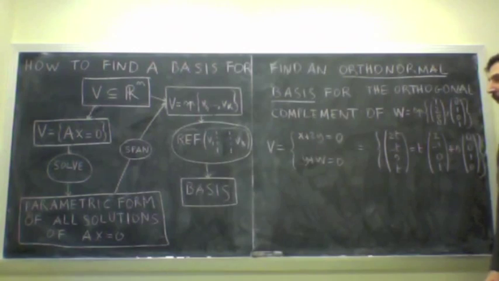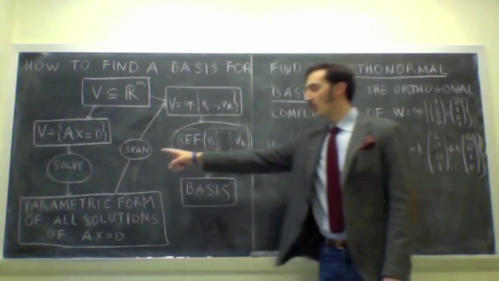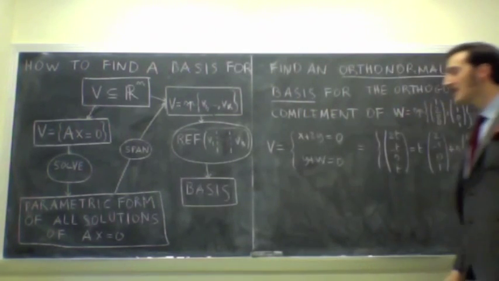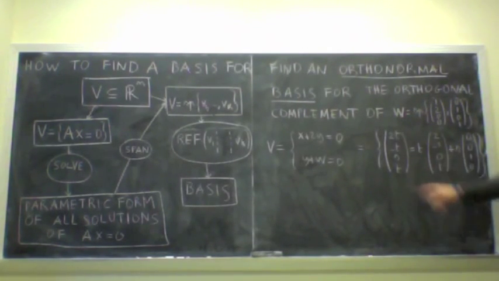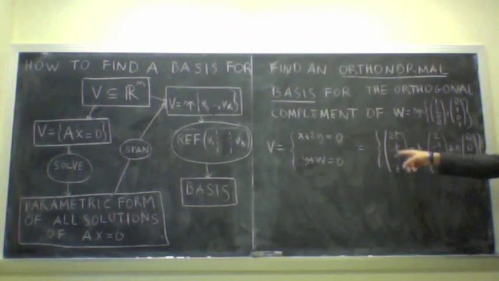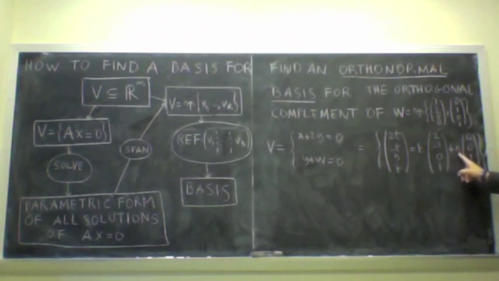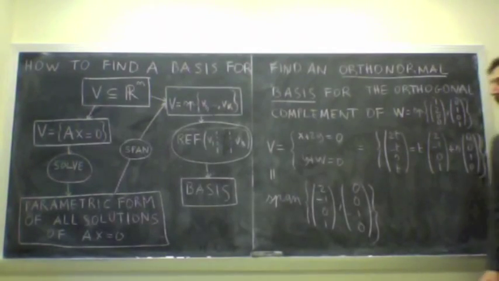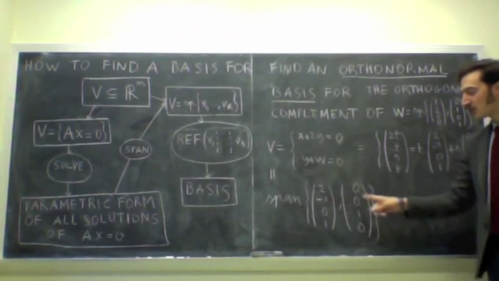Now the procedure requires to go through this step, which essentially allows you to go from the parametric form to the explicit form. We collect the t part and the s part into two separate vectors. And we get that this vector is actually t times this vector plus s times this vector. This is exactly the definition of the span of this vector and this vector. Now we have presented V as the span of two vectors.